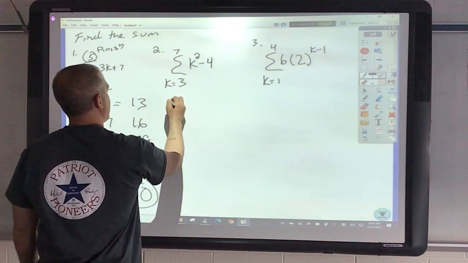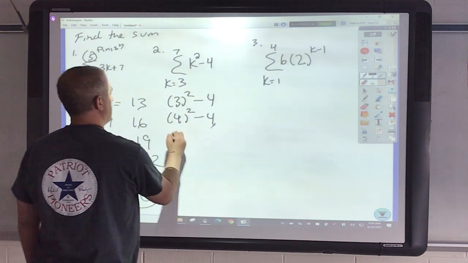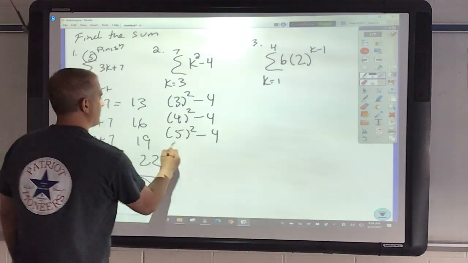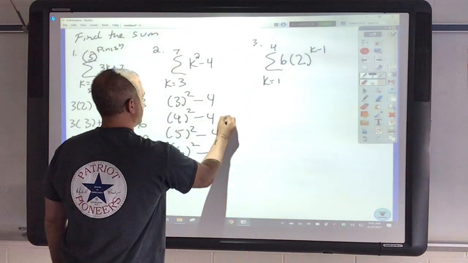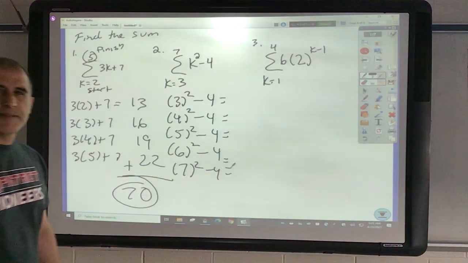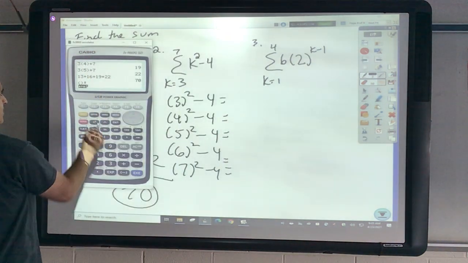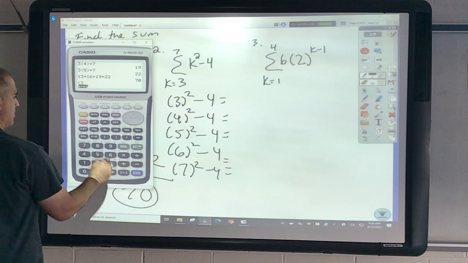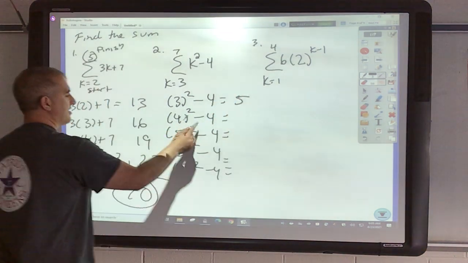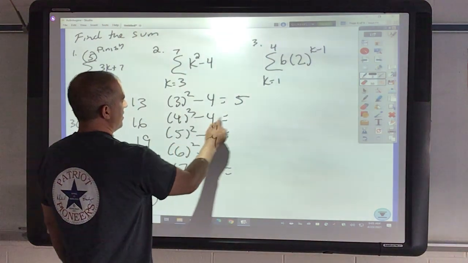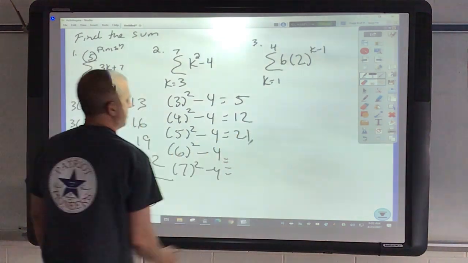Okay, this one I would do 3 squared minus 4, then 4 squared minus 4, then 5 squared minus 4, then 6 squared minus 4, and then 7 squared minus 4. Okay, get these results, okay, and add them up. All right, so 3 squared minus 4 is 5. Okay, that'd be 12, just to speed this up. 5 squared, 25 minus 4 would be 21.